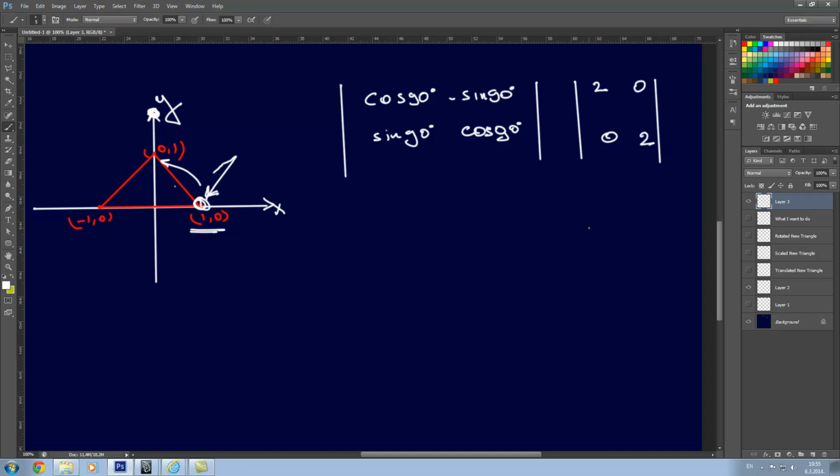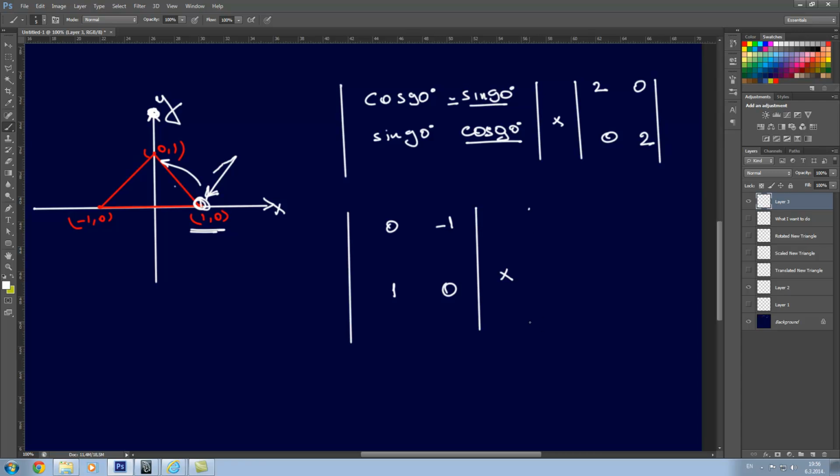Now we have to multiply those 2. Let's get our numbers straight here. We already said that cosine of 90 degrees is 0, sine of 90 degrees is 1, minus sine of 90 degrees is minus 1, and cosine of 90 degrees is 0.